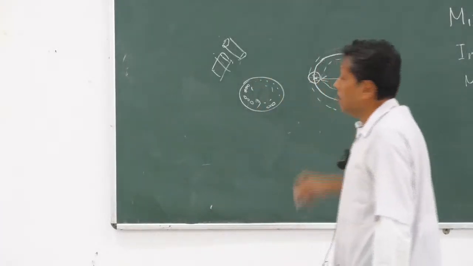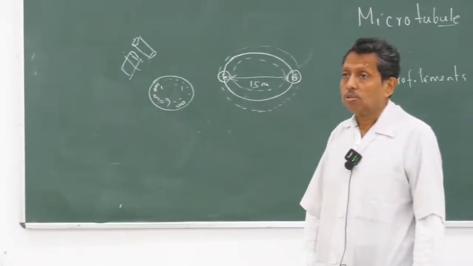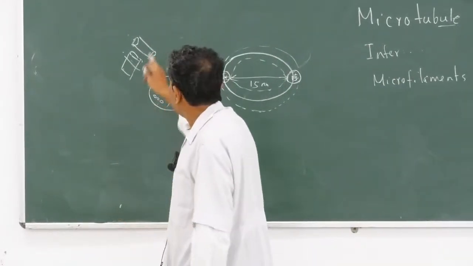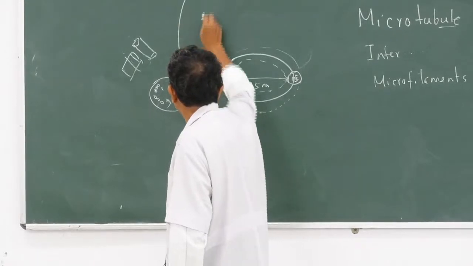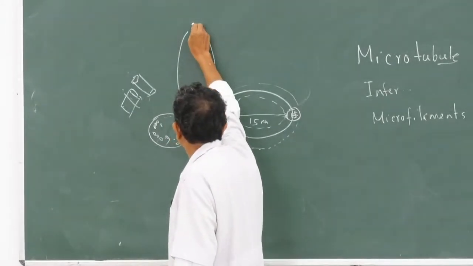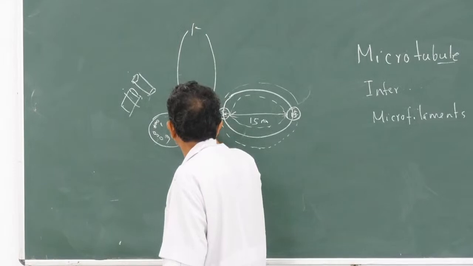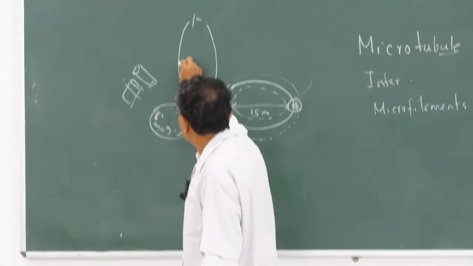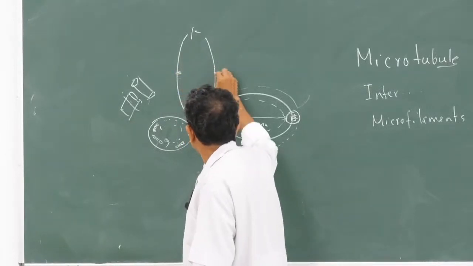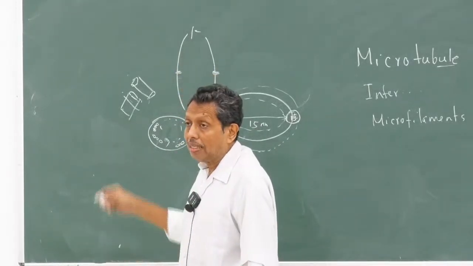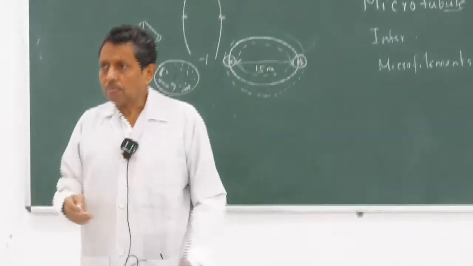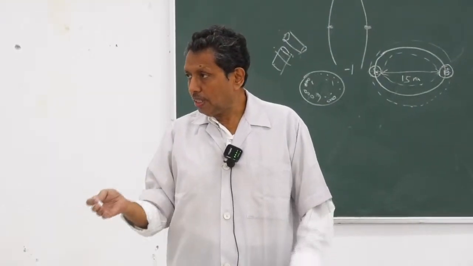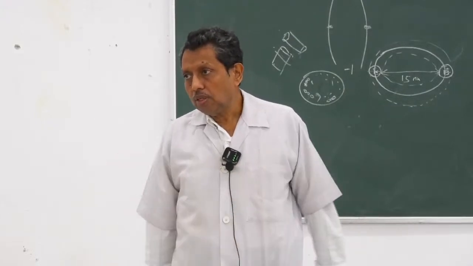From these, the microtubules are produced. During cell division, they divide and go to separate poles, and they are the microtubules to which the chromosomes attach. During prophase, metaphase, anaphase, and telophase, in anaphase they undergo separation.